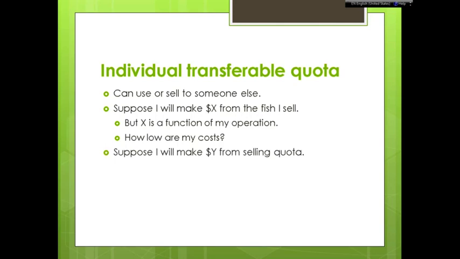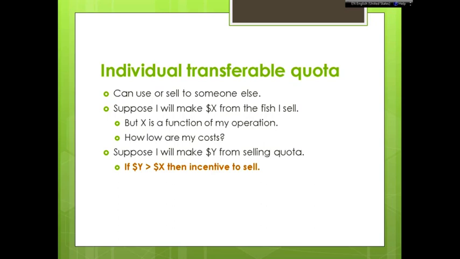Now, suppose that I'm going to make Y dollars by simply selling my quota. You see what we're setting up here. I have a decision. I can make X if I fish myself, and I can make Y if I simply sell the quota. It's obvious how I'm going to behave. If Y dollars is greater than X dollars, then do we all agree I have an incentive to sell my quota? Because that means I'm going to make more by simply selling off my quota than fishing myself.